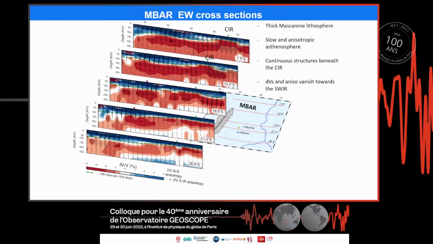In cross section, we clearly see this lithospheric structure above the slow anomaly in the asthenosphere. This slow anomaly is spreading clearly beneath the Central Indian Ridge and also going into the upper mantle beneath the Indian plate.